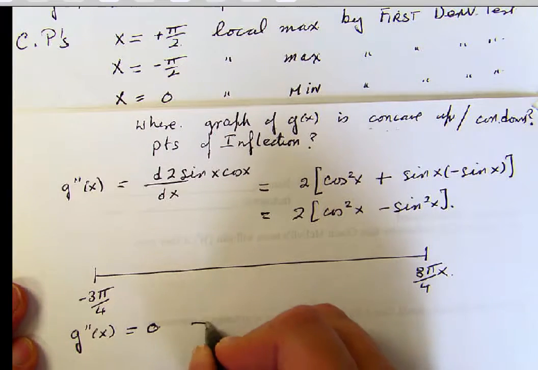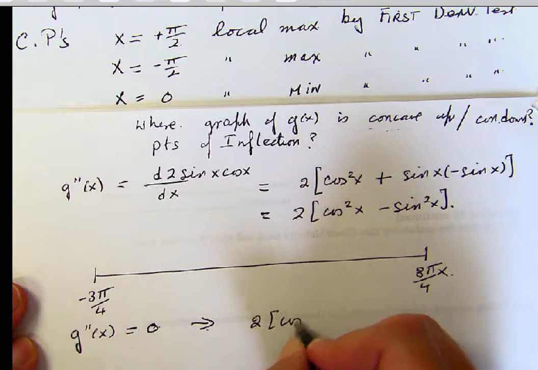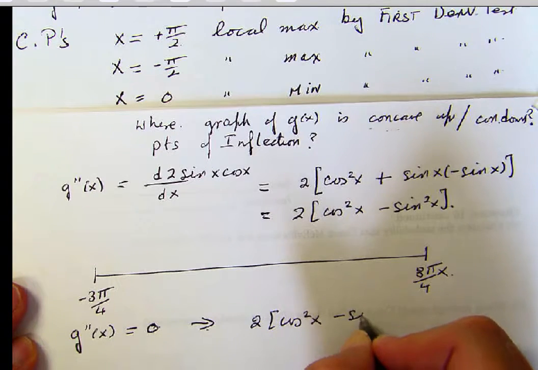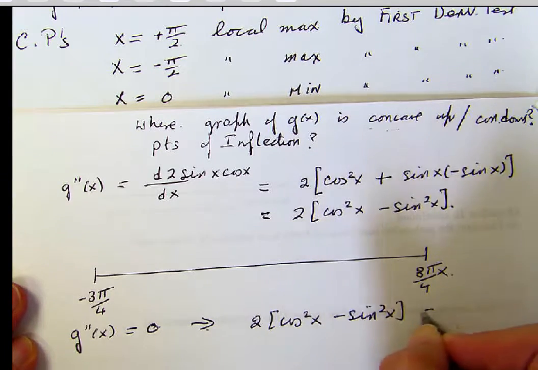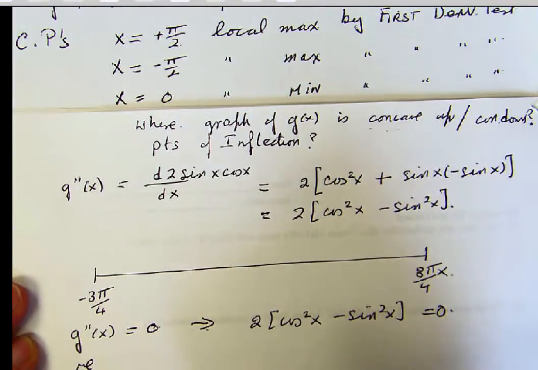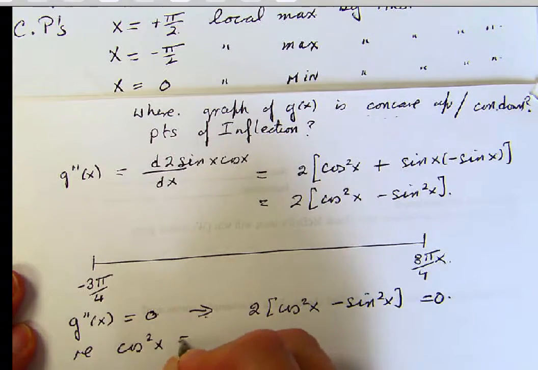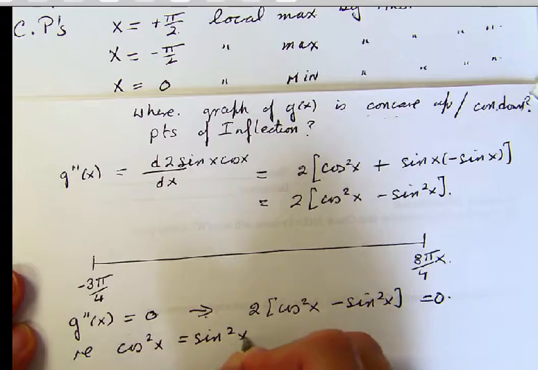So g double prime of x equals 0 if 2 times cosine squared of x minus sine squared of x equals 0. And this only happens when cosine squared of x minus sine squared of x equals 0. In other words, cosine squared of x equals sine squared of x.